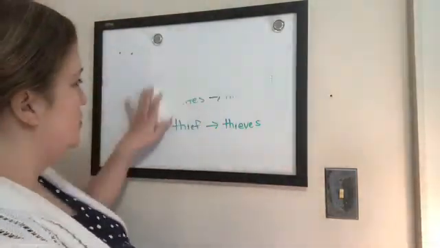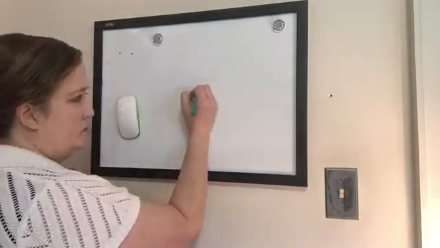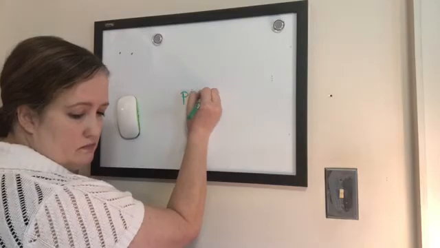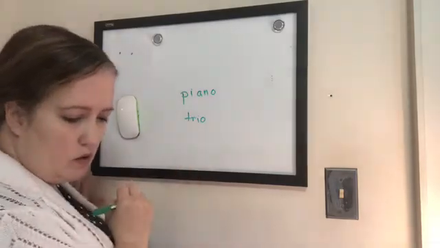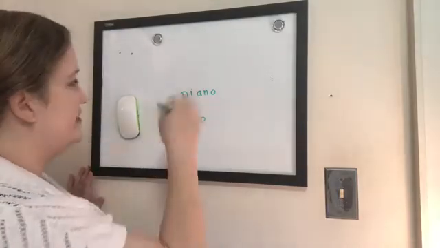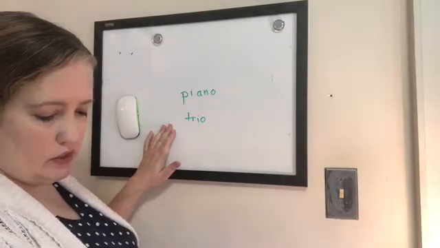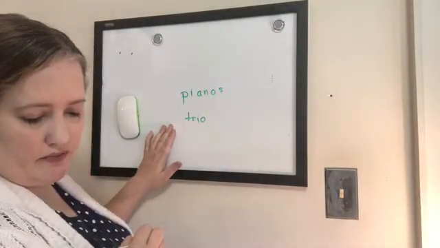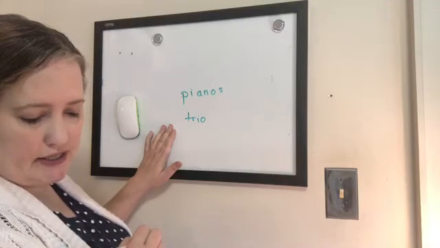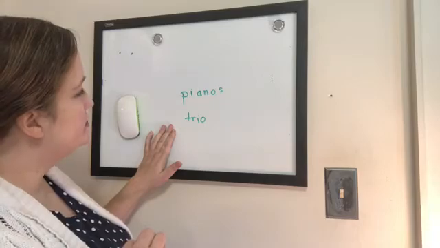Another example of how to make something plural, say that you have piano or trio. So piano, you add an s. For the plural of musical words ending in o, you only add an s.